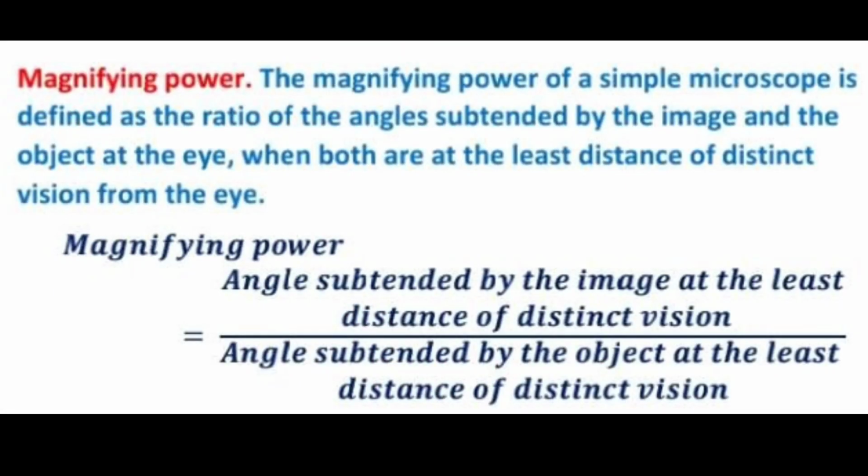Next, what is the magnifying power? That is, how much enlarged an image we get by using this optical device. First of all, magnifying power is defined as the ratio of the angle subtended by the image and the object at the eye when both are at the least distance of distinct vision.